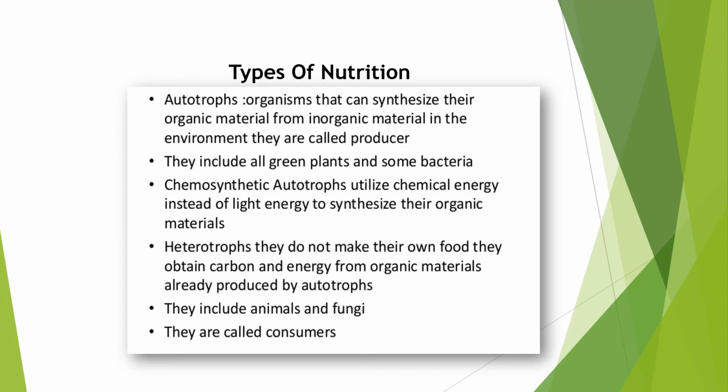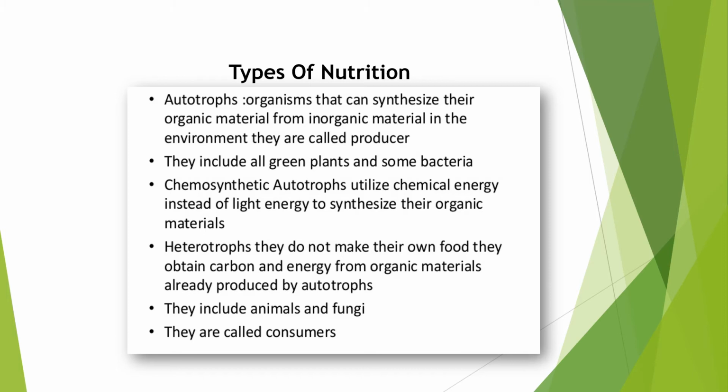Now come to the next category of organisms, that is heterotrophs. Heterotrophs do not prepare their own food. They depend on the autotrophs for their food. They get organic material from the autotrophs, and they are not able to produce their own food. The heterotrophs include animals and fungi.